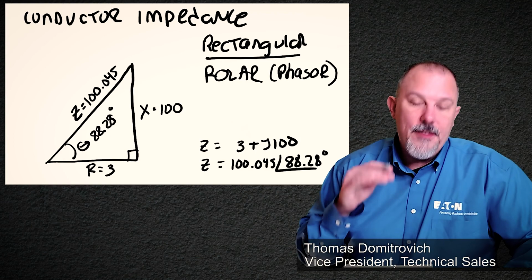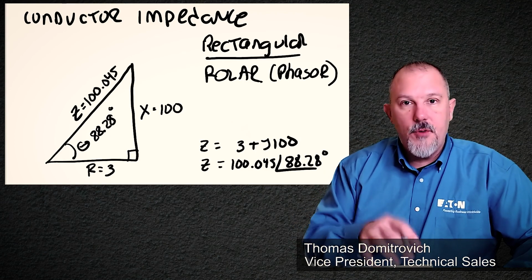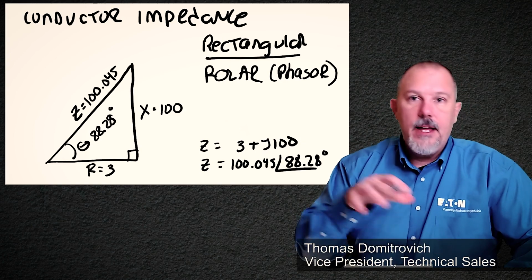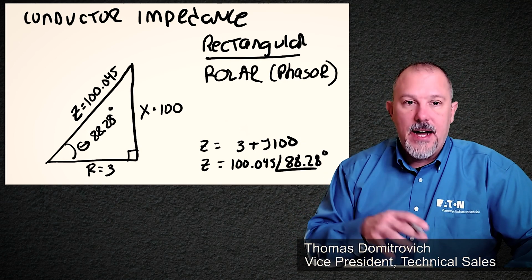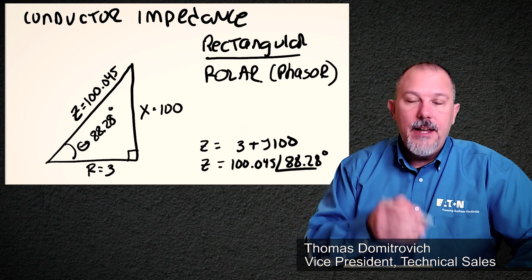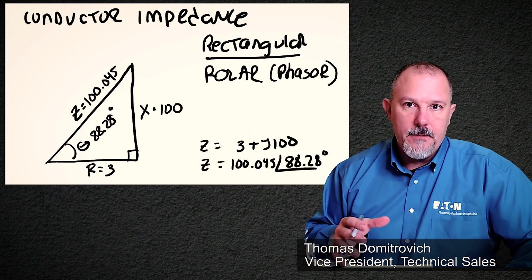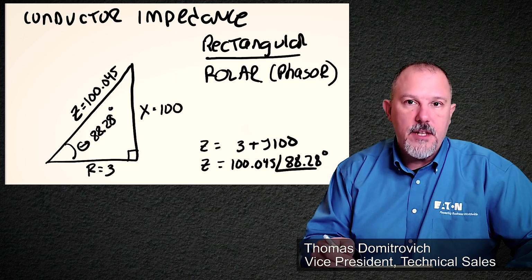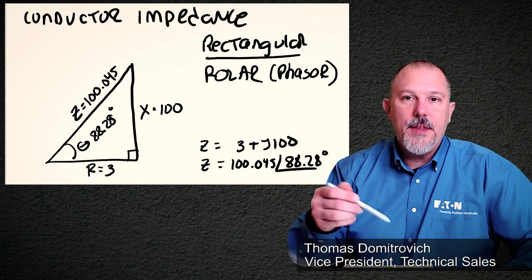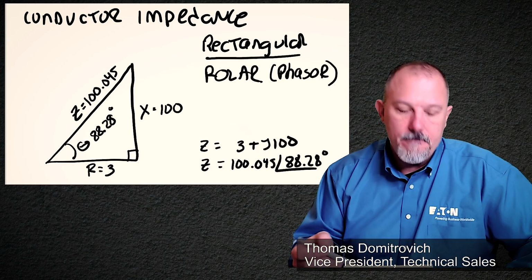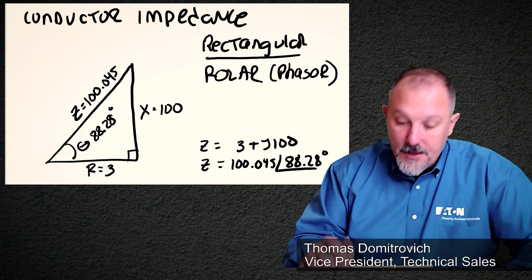It's important to understand both of these because when we start to add and subtract and multiply and divide complex numbers, meaning adding impedances either in series or in parallel with each other, I'm going to need both of these because one will be easier than the other to do the operation. So let's take another conductor.